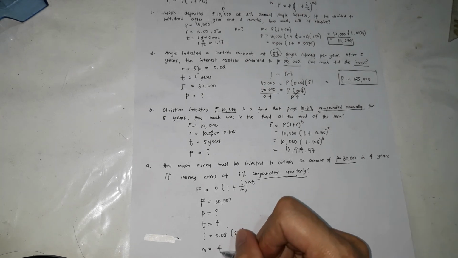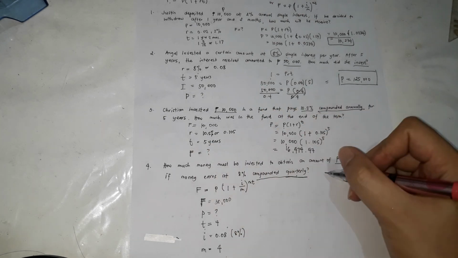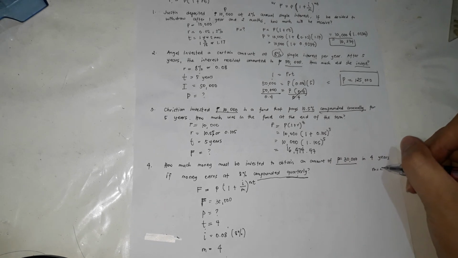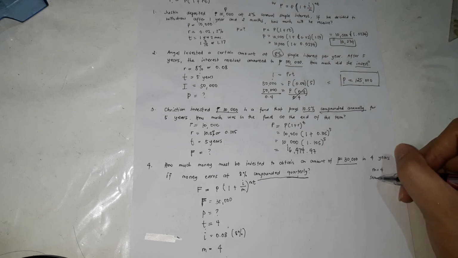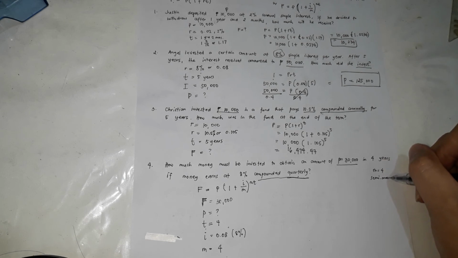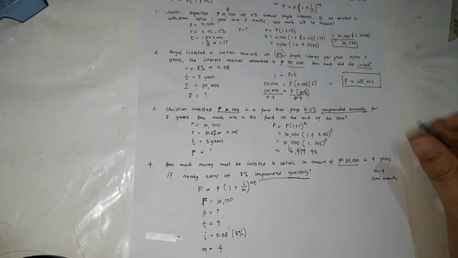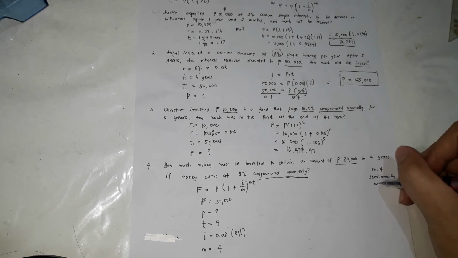So the M is equal to 4. But if it is semi-annually, so kalahati ng annual, so ilan yan siya? Dalawa. There's also monthly. So kapag monthly, that's 12. M is equal to 12.